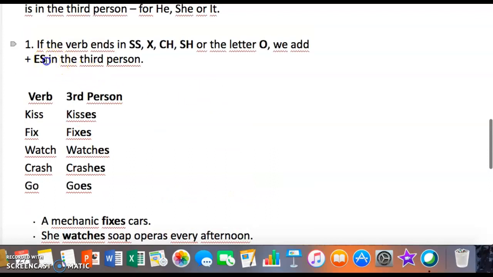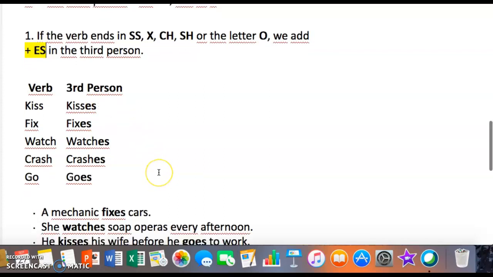So in the case that we add ES, if the base form of the verb finishes in S, X, CH, SH, or O, we add ES. And here we have some examples. So I would say I kiss, you kiss. However, I would say she kisses or he kisses. That's one of the rules.